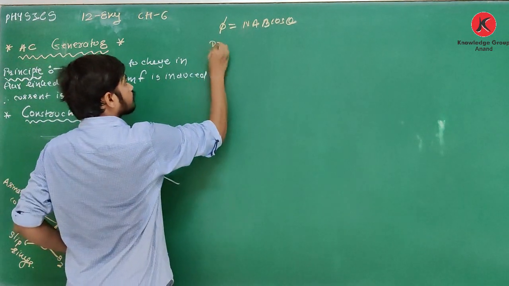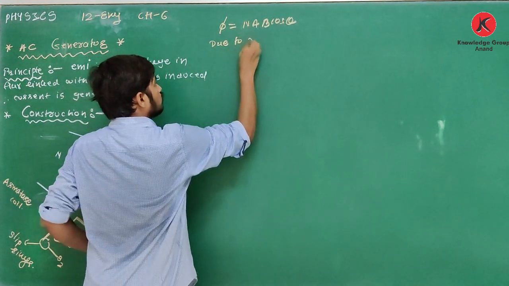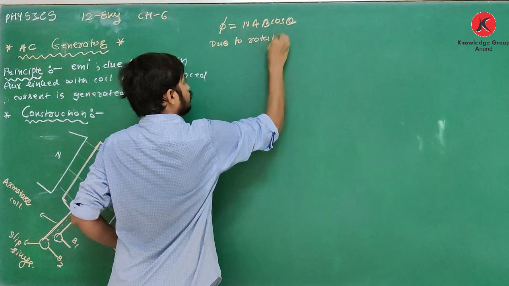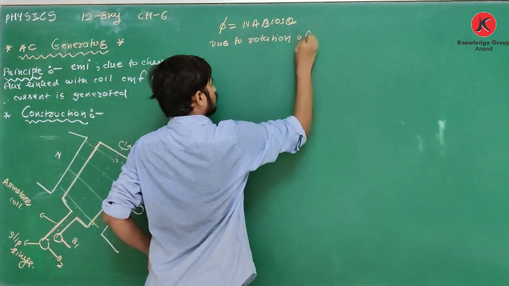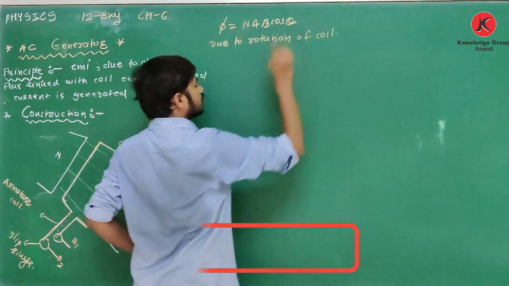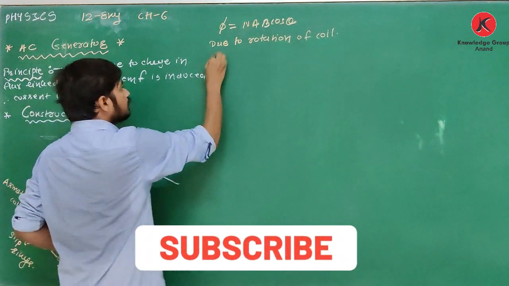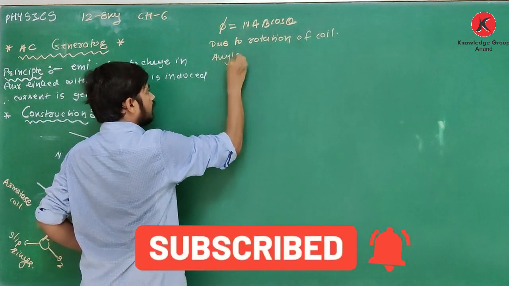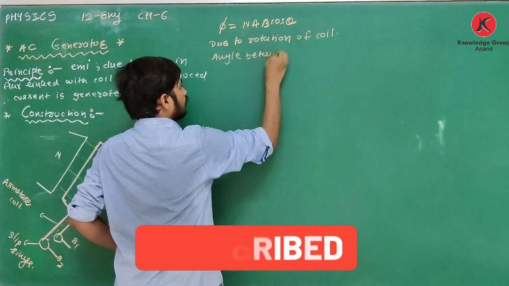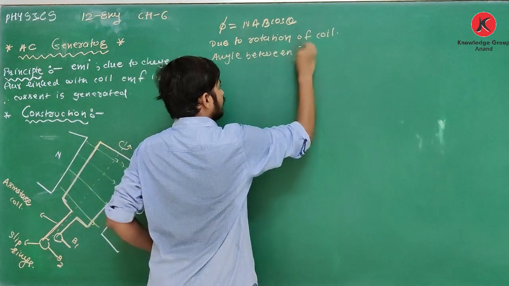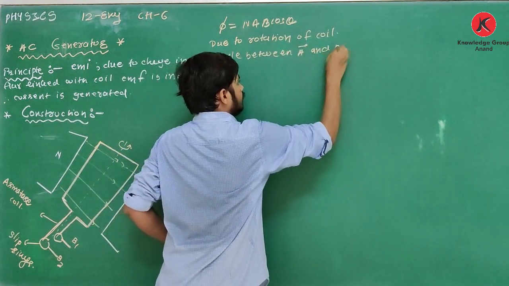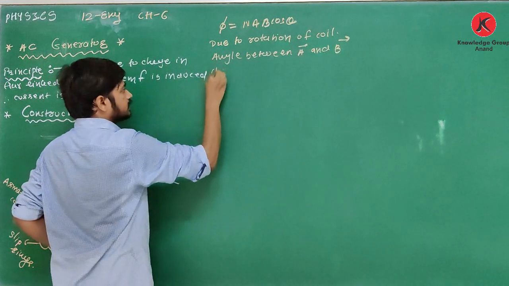So due to rotation of the coil, the angle between A and B changes.